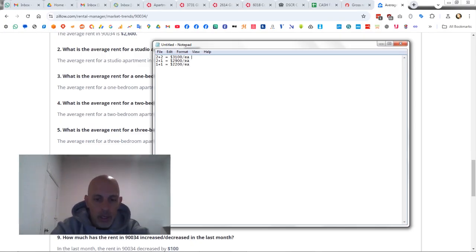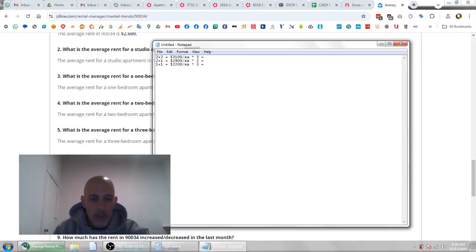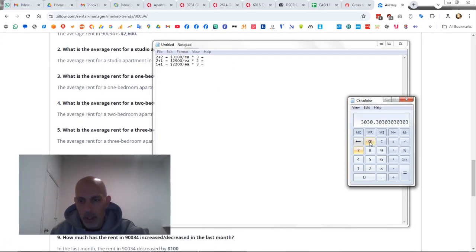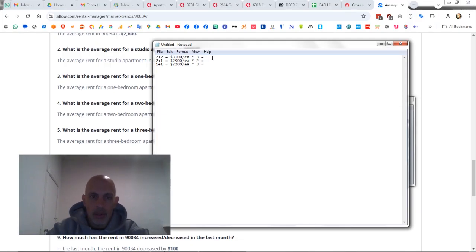And let's see how many units they have of these. I believe this was a 2 and this was a 3. So we're going to figure out the gross rents here based on these numbers. They might actually be earning less than that because they're currently occupied. So let's say 3,100 times 3 is 9,300.